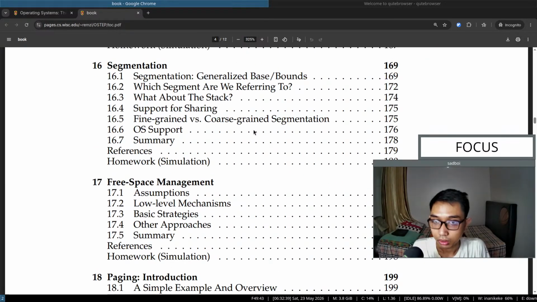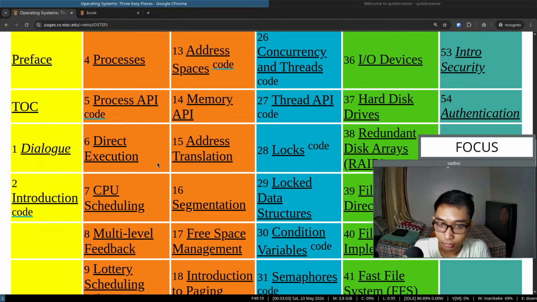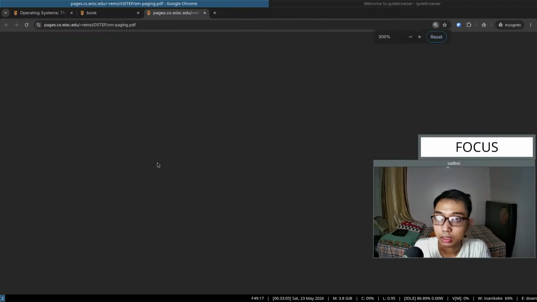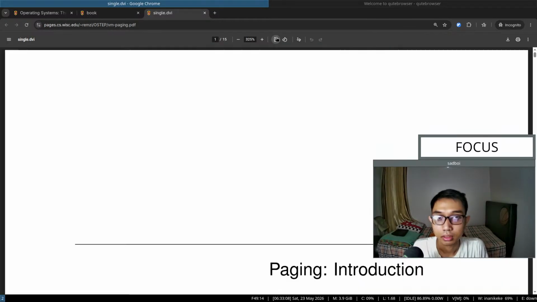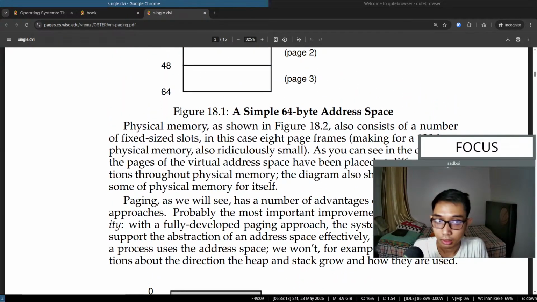We are on chapter 18, paging introduction, and the last time we were on section 18.1, a simple example and overview. Now we will read "Where are page tables stored?" Okay, let me open that. We'll take a look at this.